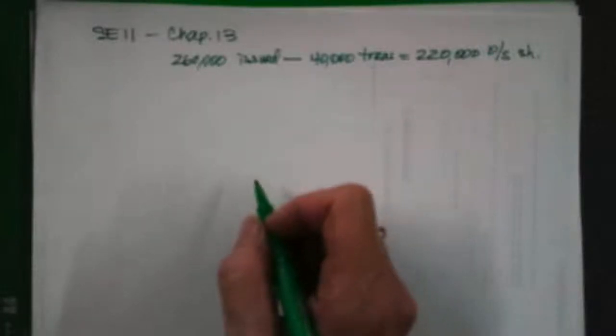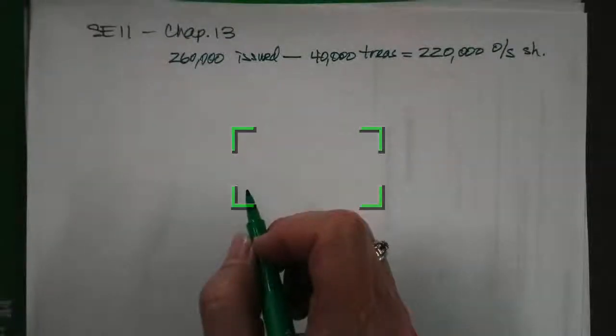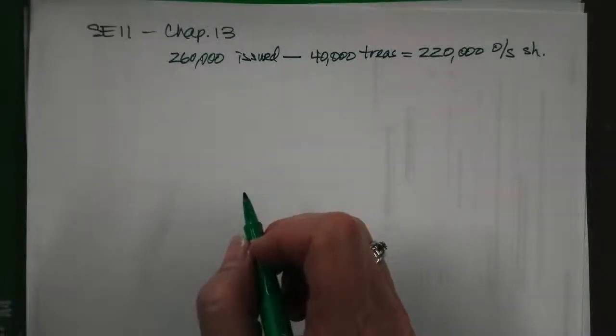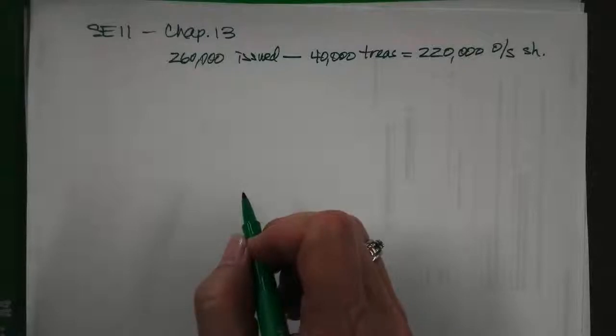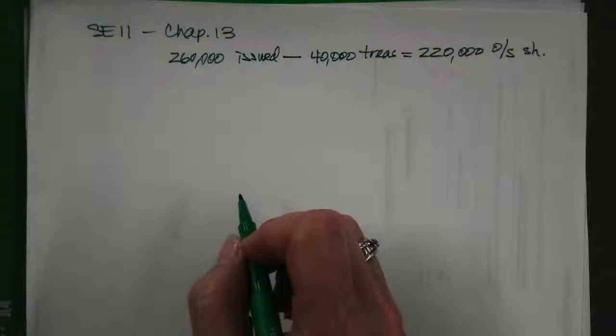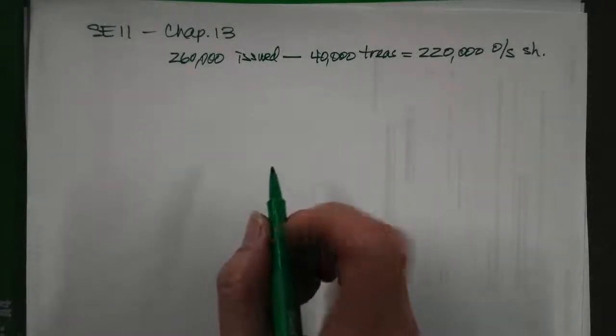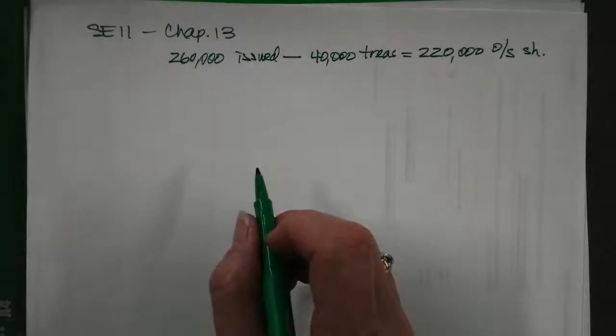Okay? Okay. We're going to do a 2% stock dividend. And let's see. So I'm trying to figure out how many shares are outstanding.